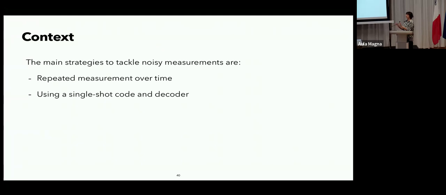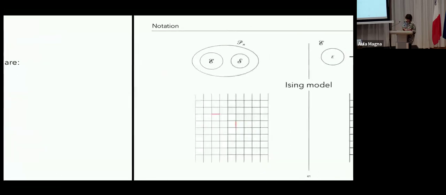I don't care about you cleaning up all the errors on the system in one go. I just ask you to keep the error under control over time. So do not find a recovery that completely removes the syndrome from the system, but just make sure that after 10, 100, whatever, time steps, the error on the system is low enough so that it doesn't accumulate in a tragic way, creating a logical gap.